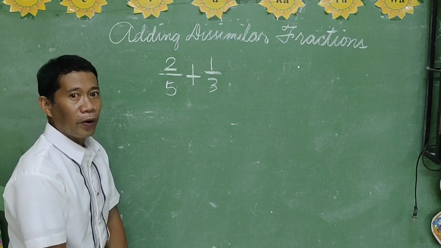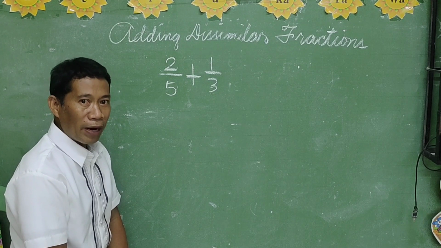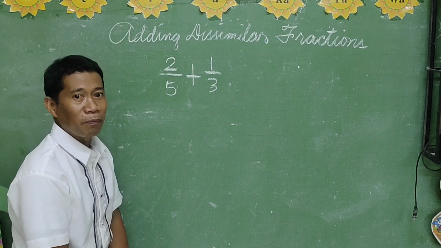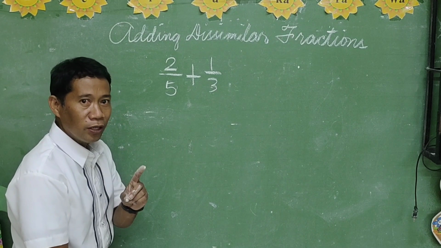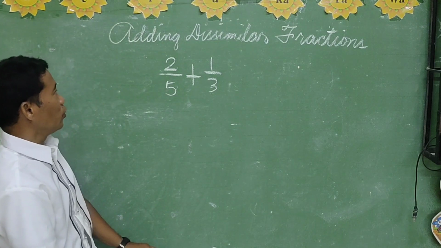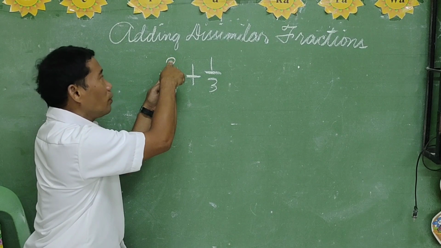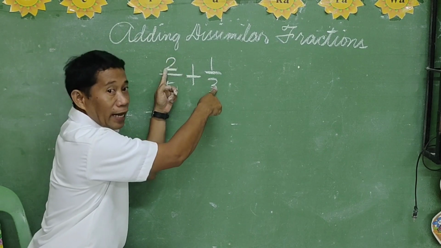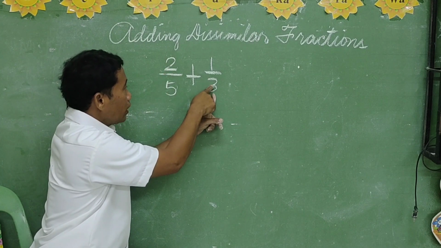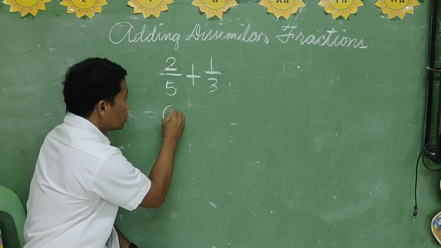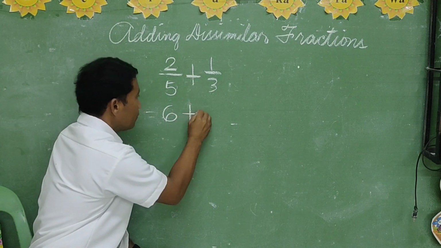So there is another way in adding the fractions by doing the cross multiplication. Ano yung bilang o numero na i-multiply natin? Ito na yon. Multiply the first numerator to the second denominator. 2 times 3 is equals to 6. Copy the sign.